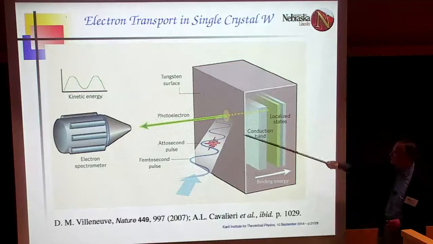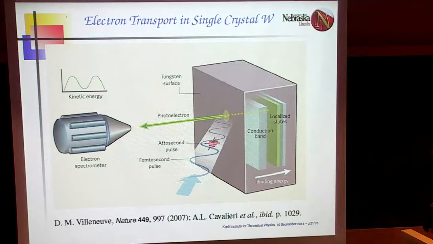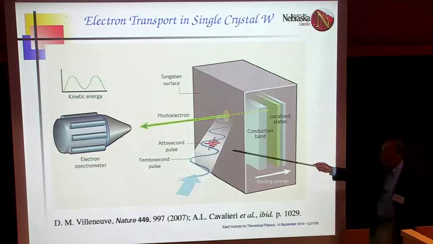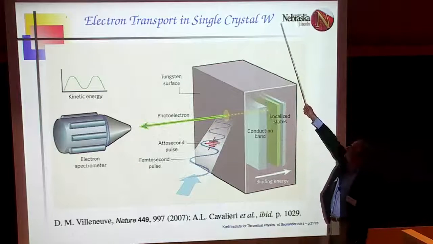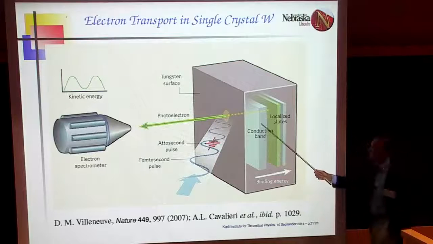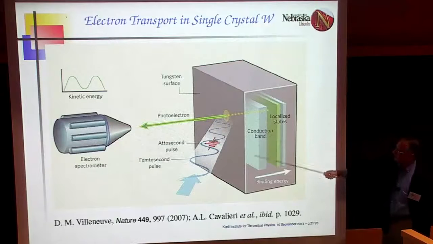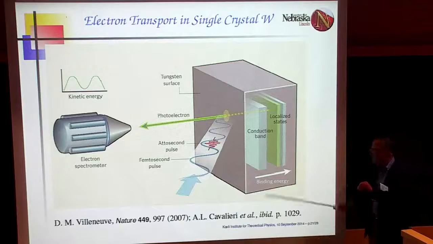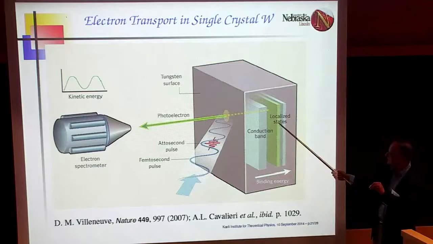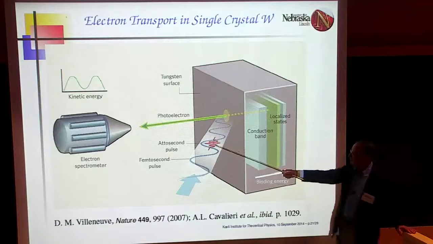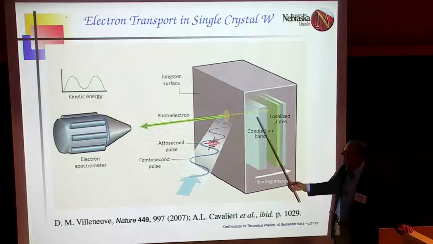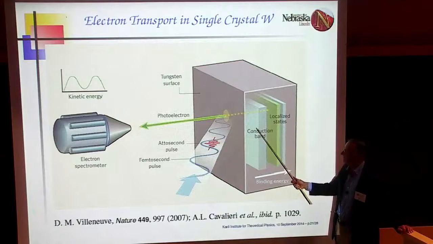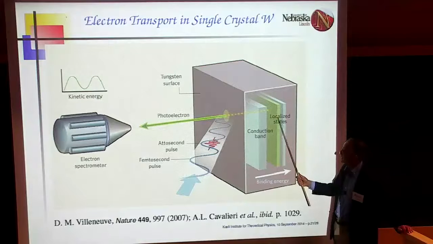Here are some real things that have been done by experimentalists. Here's a single crystal of tungsten. Tungsten has a conduction band, it's a metal. It also has deeply bound electrons in localized atomic states. If you have an attosecond pulse come in, it can ionize electrons in the conduction band. It could ionize electrons deeply bound in each atom.